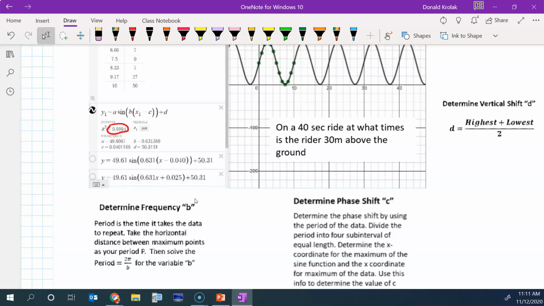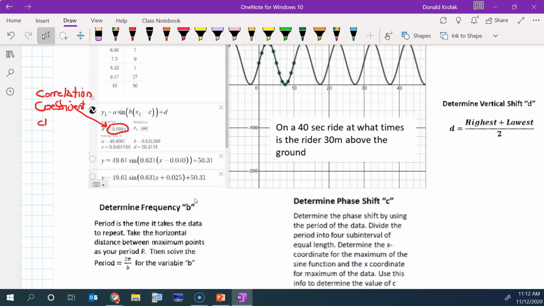The closer this is to 1, all right, this is called the correlation coefficient. And all that means is how well does the graph fit the data?